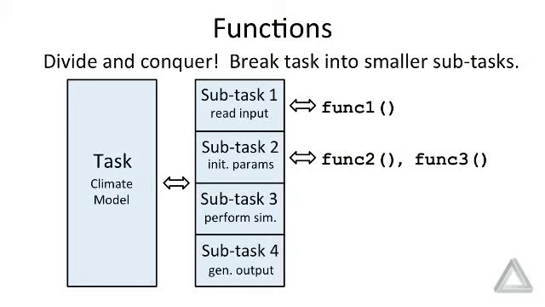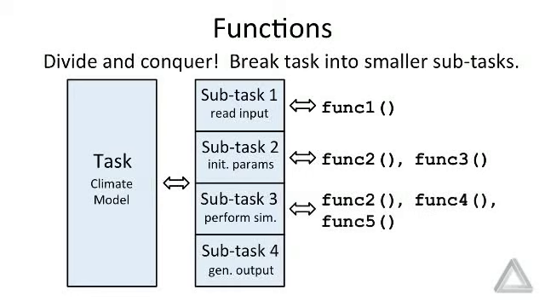So maybe that subtask 2 could be divided into two separate subtasks. But then when it comes to performing the actual simulation, maybe that involves the calculation of some values that func2 actually took care of. So that function that we wrote for subtask 2, maybe it can be used in subtask 3 as well. So we see func2 showing up in subtask 2 as well as subtask 3.